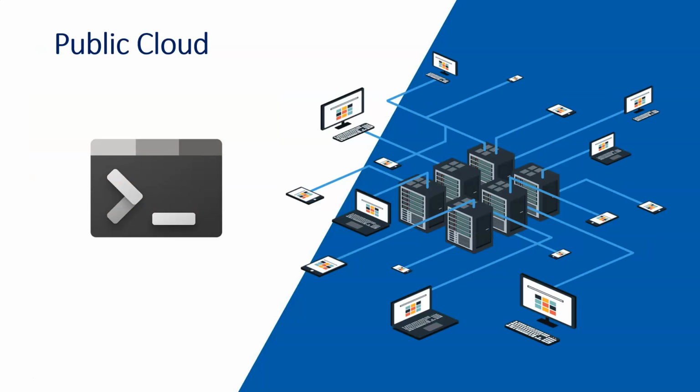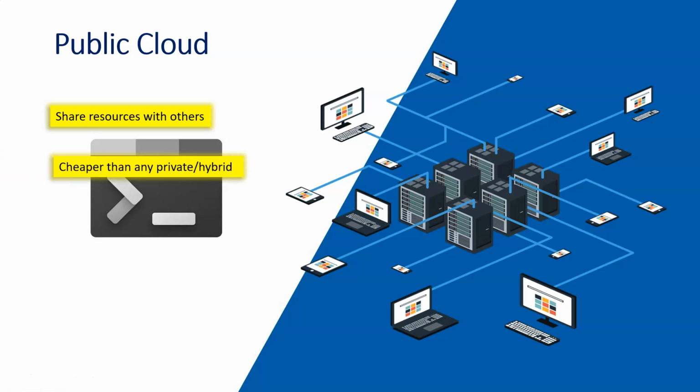Okay, let's talk more about public cloud. Here in this example you can see there is an organization or a company which is providing computing power, and the same computing resources are being used by different companies or clients, right? So basically in public cloud you share resources with others. Public cloud is cheaper than private cloud.